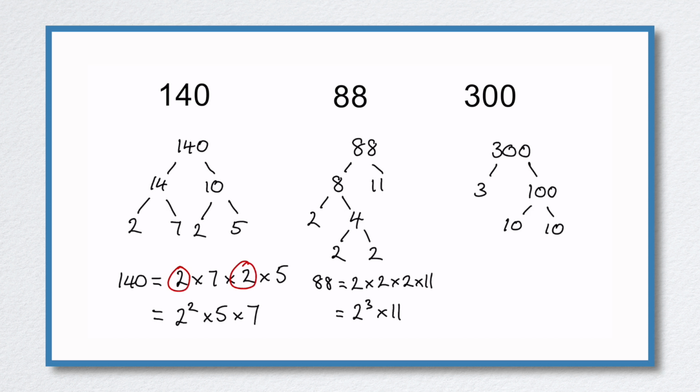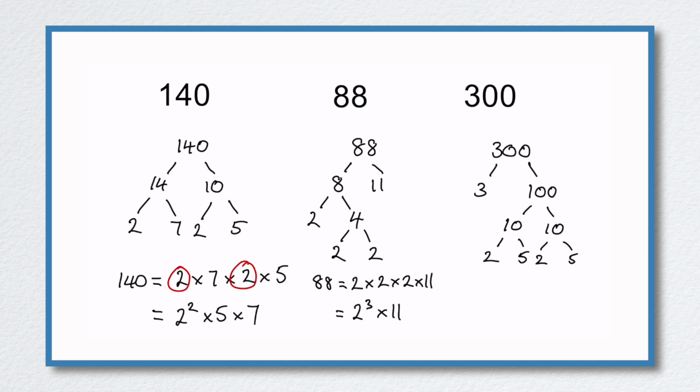Now 10 is not a prime number. I can actually break 10 down into 2 and 5 and 2 and 5, because 2 multiplied by 5 is equal to 10. 2 and 5 are prime numbers. I can't go any further.